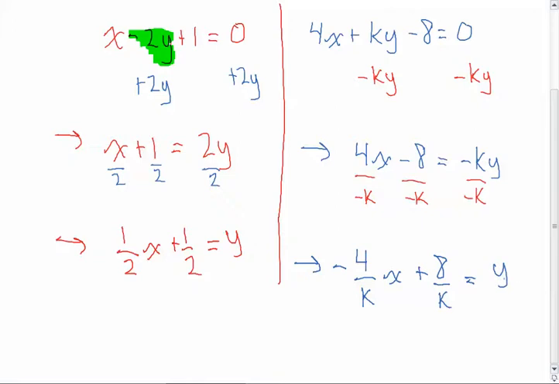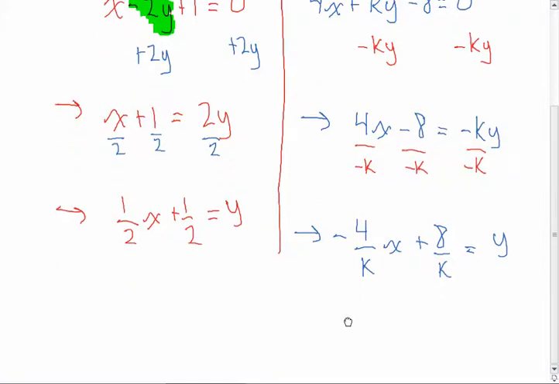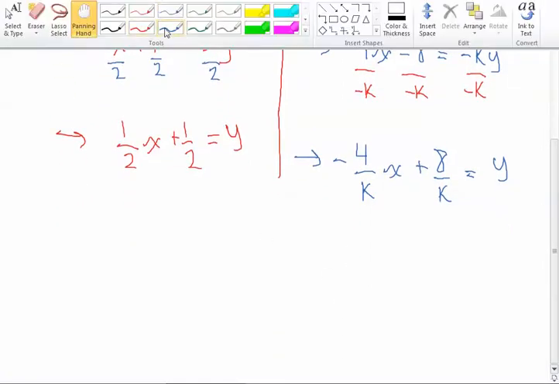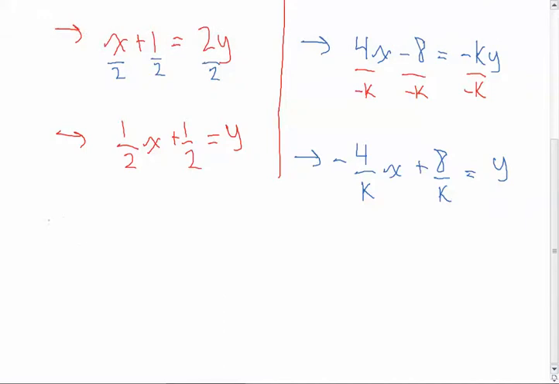Now what we need, first of all, is the value of k that makes both the slopes equal. So that's our first question for part A. What value of k makes both our slopes equal?